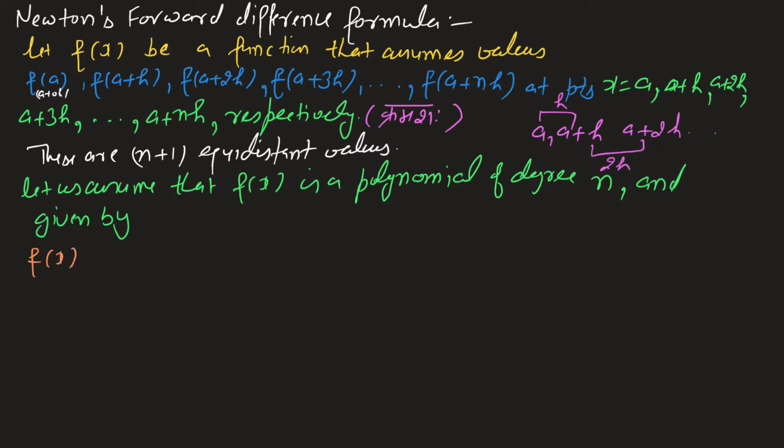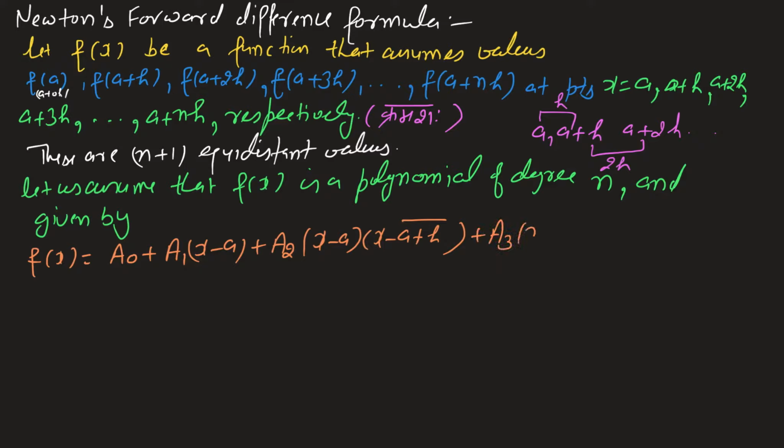f of x is equal to a naught plus a1 (x minus a) plus a2 (x minus a)(x minus a plus h), plus a3 (x minus a)(x minus a plus h)(x minus a plus 2h), and so on.